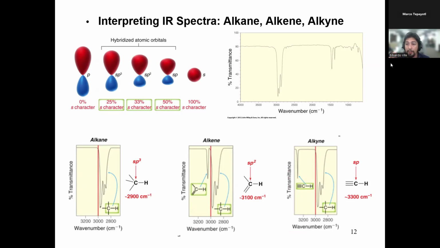So depending on the type of bond, depending on the hybridization of the molecule, you will have your peaks in slightly different regions. And you can see here that as you go from increasing p to s, you have a shift in the absorbance. So you see that alkynes are going to be at a higher wave number. Remember, triple bonds are smaller and stronger, so they are going to vibrate at a high frequency.